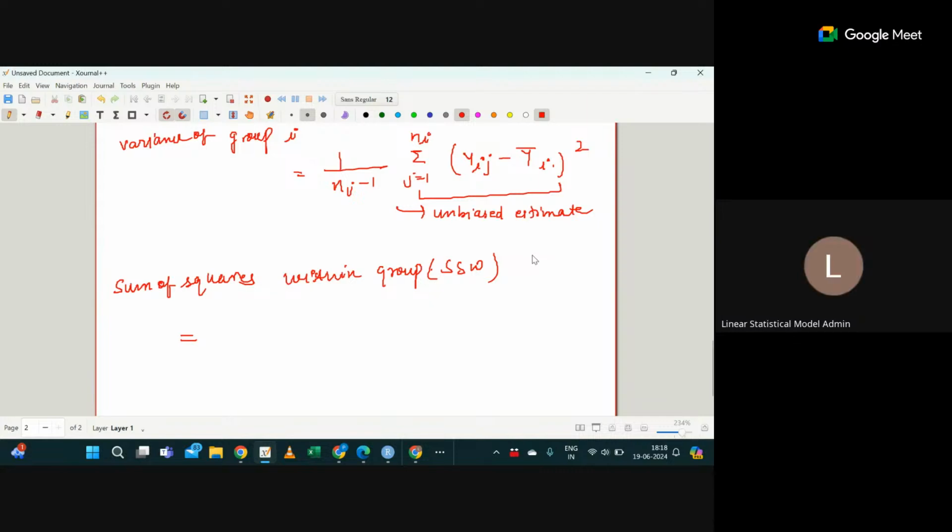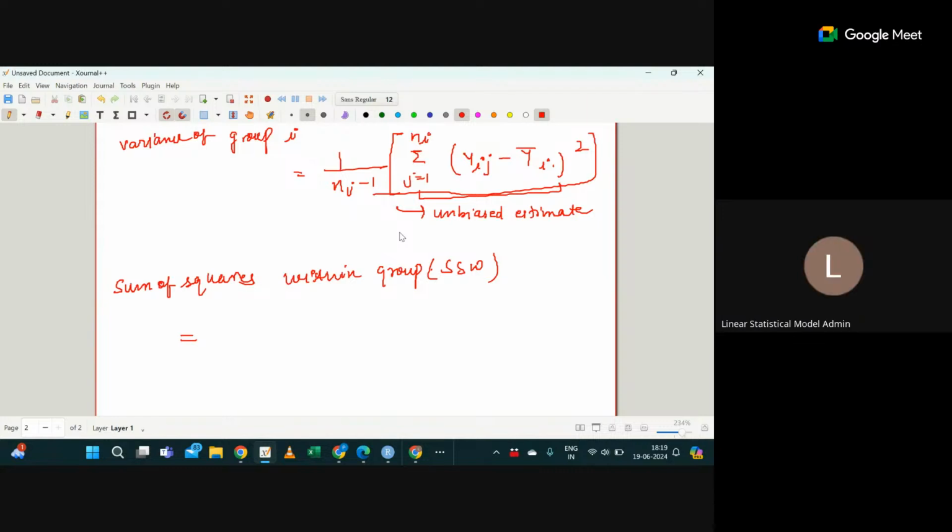First of all I have to include this terminology. So if you add for all groups, what should be your next thing? We will simply add this squared thing for every group. That is something we are doing.